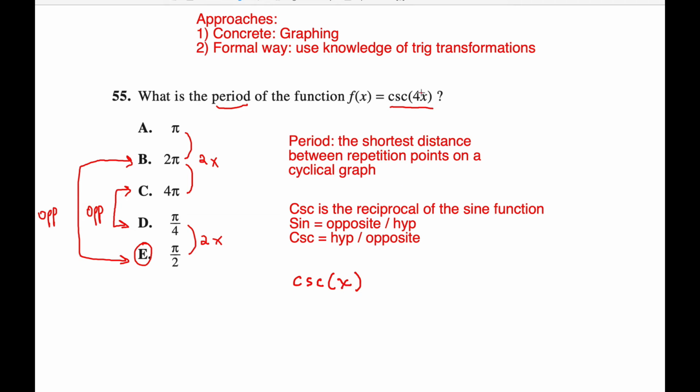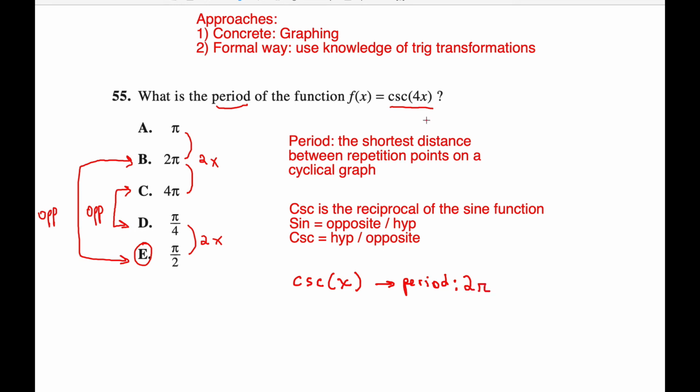And by transformation, I mean right here we have this number 4, which is going to affect how that graph looks. The cosecant of x is going to have the same period as sine of x, since they're just reciprocals of one another. So the period of this is going to be 2 pi, which is another thing that we would need to know.